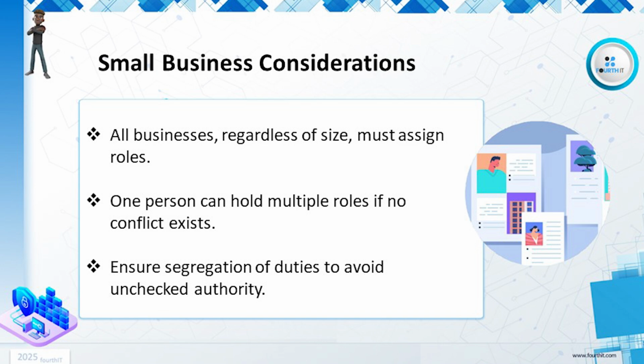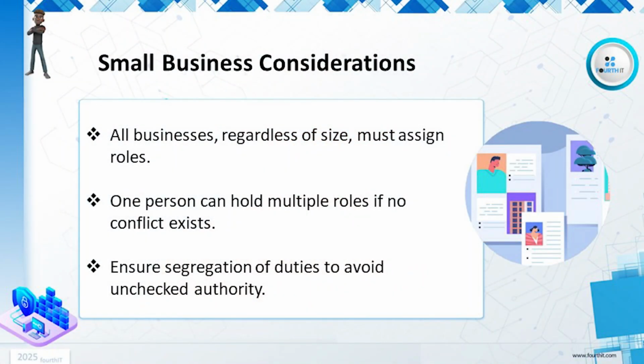There are some roles that are mandatory, but the good news is that one person can hold multiple roles as long as there's no conflict of interest. For example, Emma could be both the information security manager and the business continuity manager if she can handle both roles responsibly.